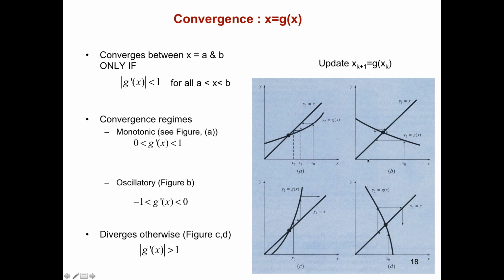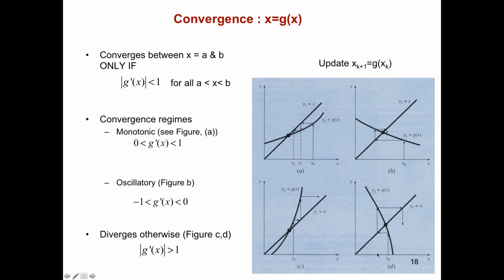Now let's see an example where that's not the case. So I start, this is my function g of x, and this is my function y is equal to x. So my x0, I get to g of x0. This is g of x0, this value here. Now if I walk over to this function y is equal to x, its y value is the same as this, but its x value has to be the same as the y value.